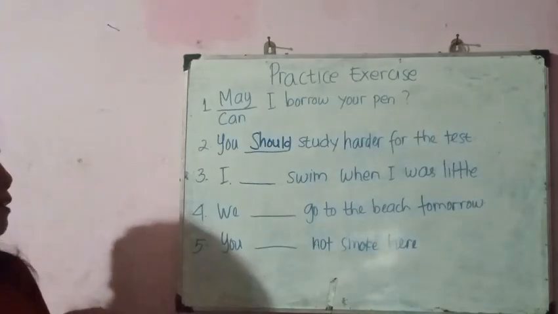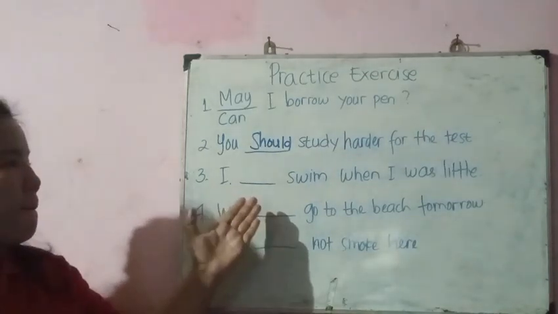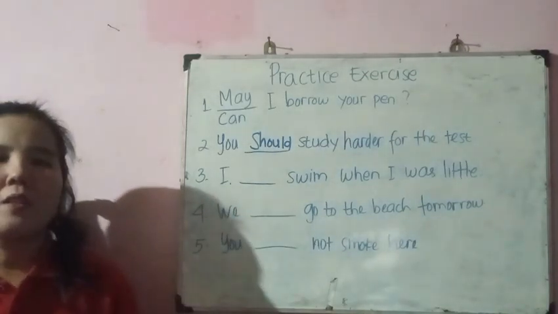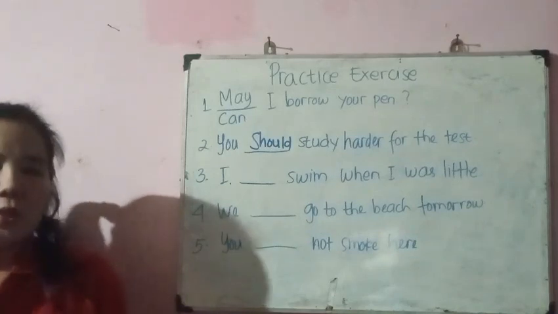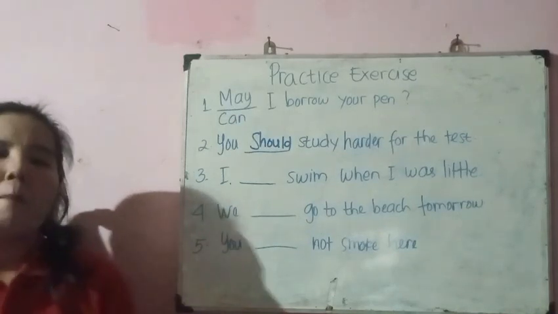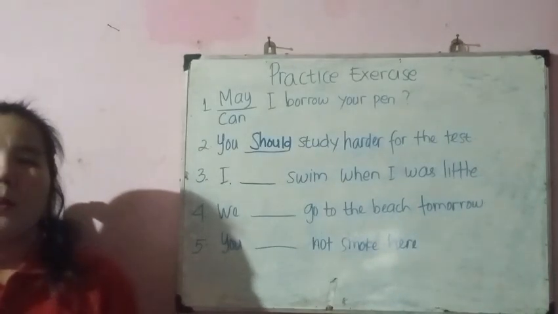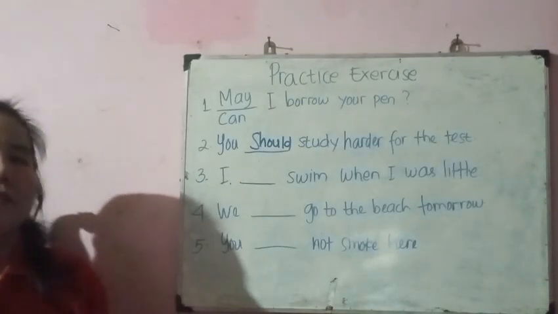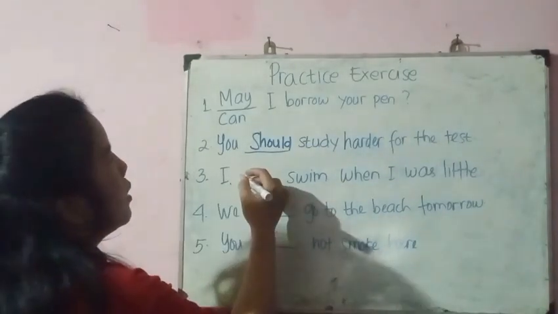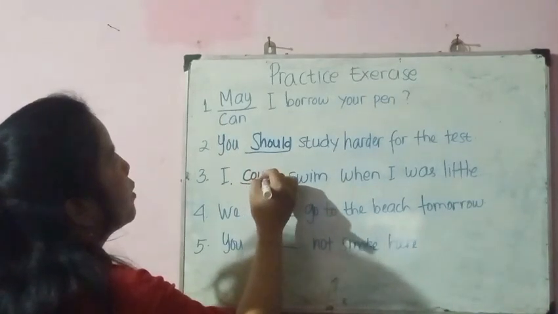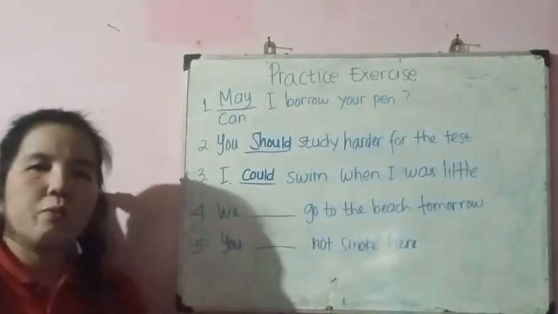Okay, next sentence 3. I swim when I was little. Which modal shows past ability? Yes, you are correct. The answer is could. I could swim when I was little.